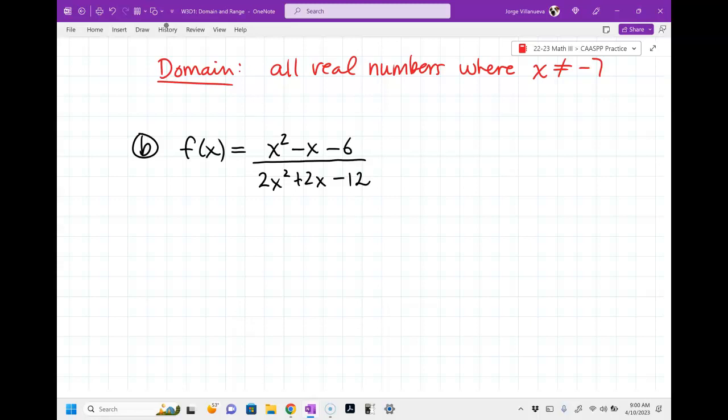Okay, where did I tell you to focus on? The denominator, right? So don't worry about the top part and the bottom part and all this stuff. But look at the denominator, set it equal to 0. So let's do that.